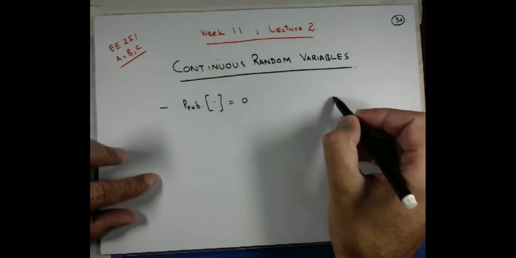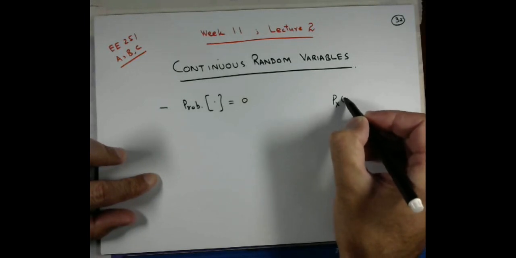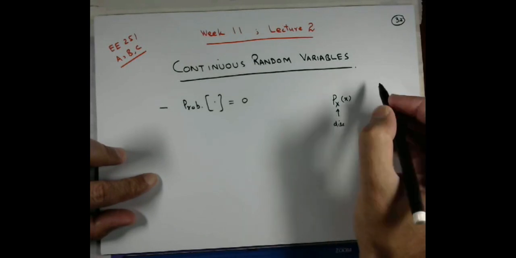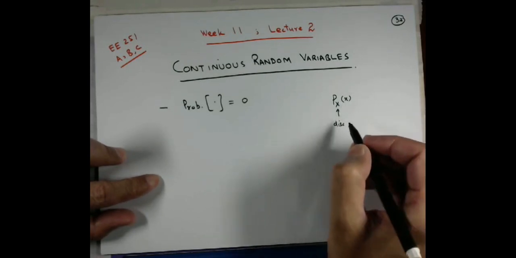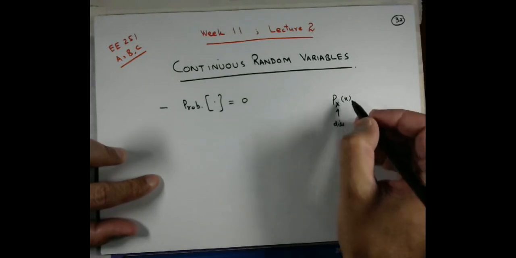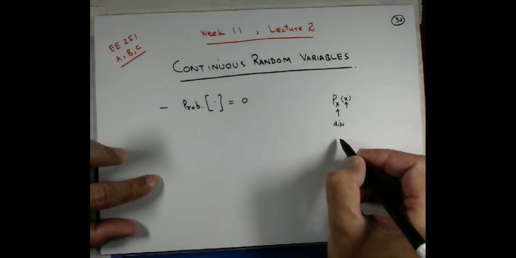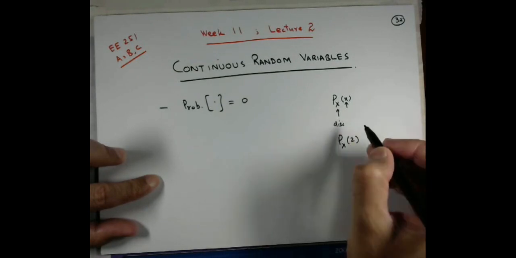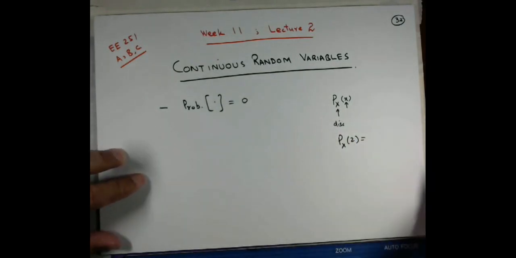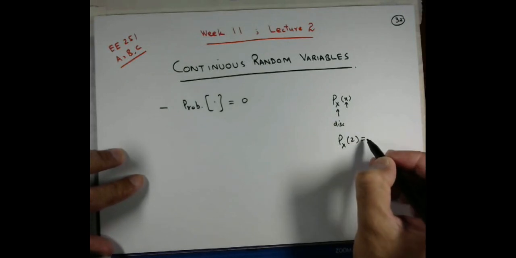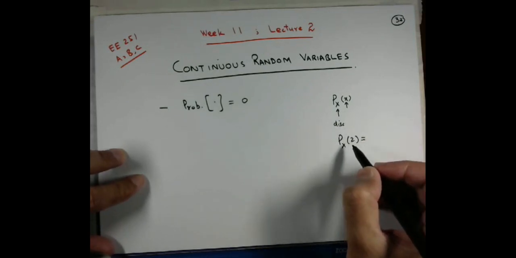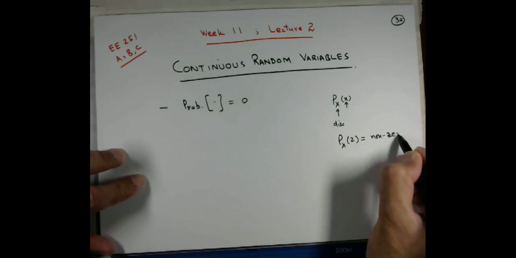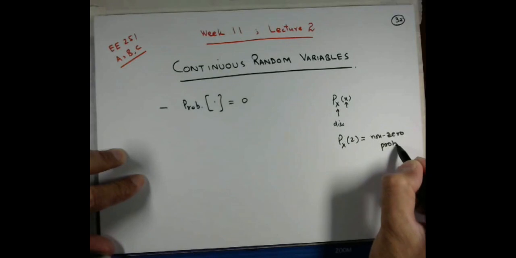If you recall, in the case of discrete random variables, p sub x, where x is a discrete random variable, if there is some occurrence of this random variable for a particular value of x, for example 2, if we write p sub x of 2 and that value was part of the set of assumable values of x, then it had some non-zero probability.